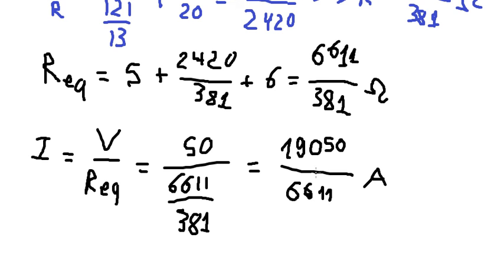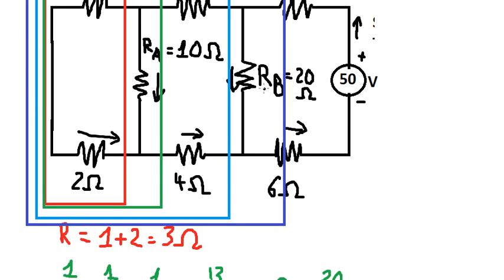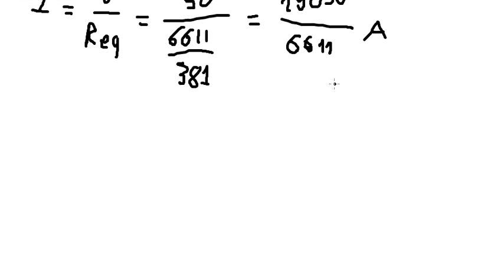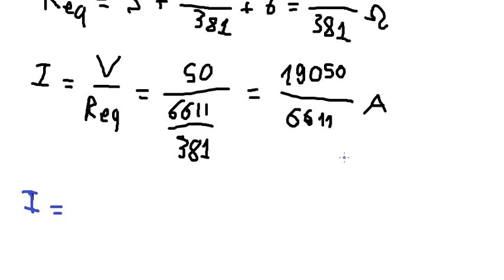So after you got this one, we can find V and I of B and 8. So in this one, they are in the series, so the purple in here should be equal to this number we just calculated.